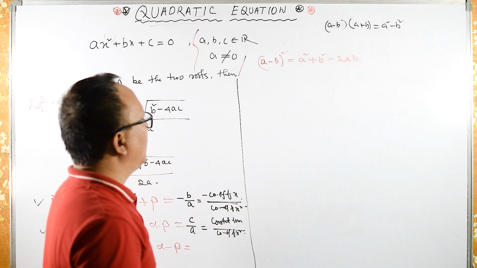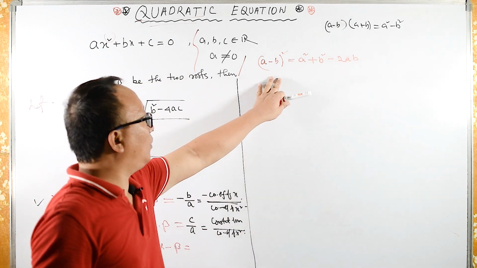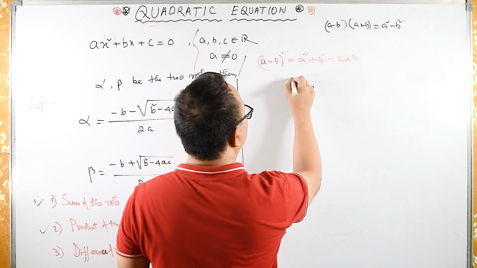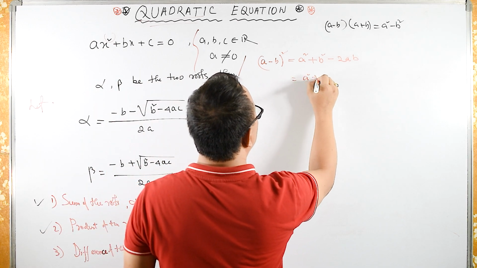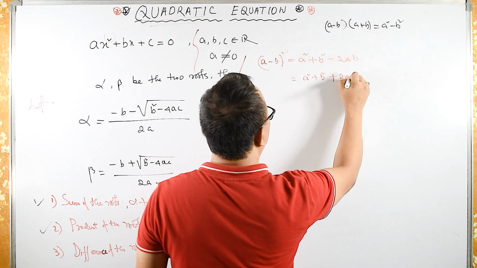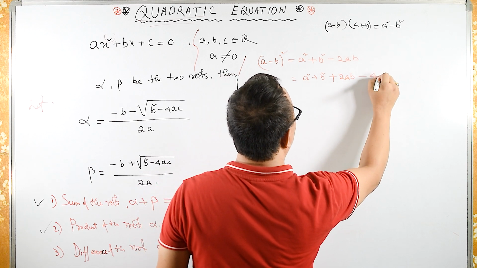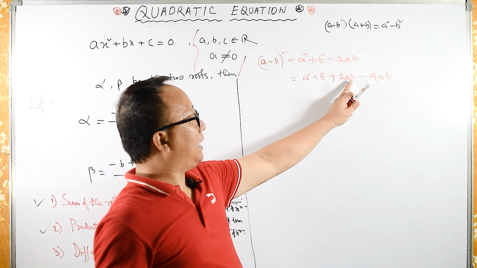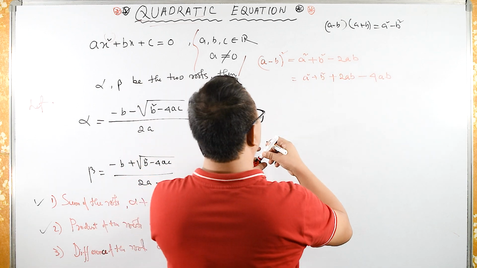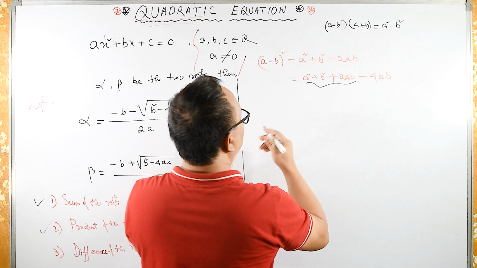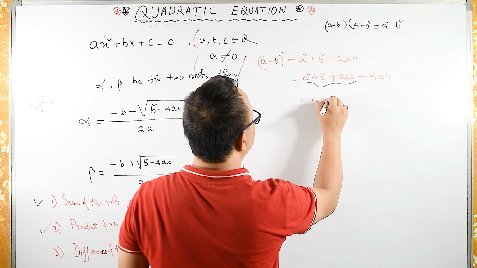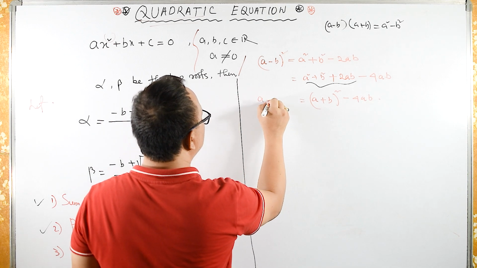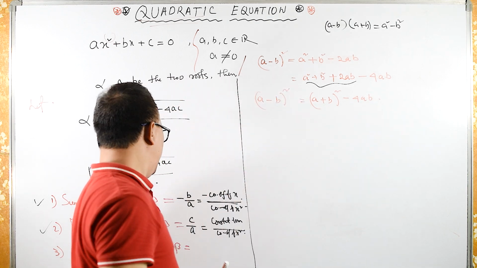Now, if I want to express a minus b the whole square in terms of a plus b the whole square, then I can write a square plus b square plus twice ab minus 4 times ab. If I subtract these two, then I am getting twice ab. From here to here is a plus b the whole square minus 4ab. What is this? This is a minus b the whole square.